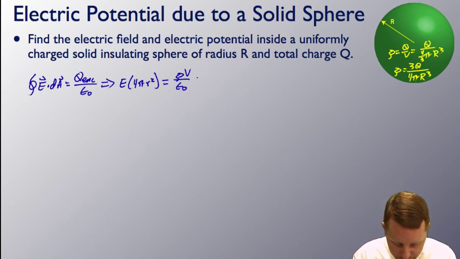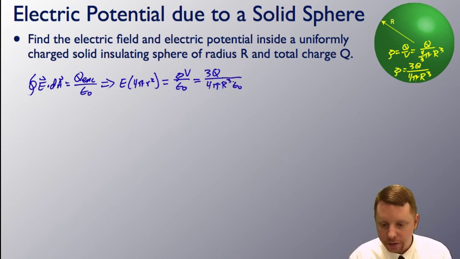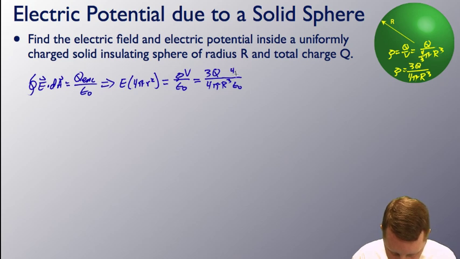When we do this, we found that rho is 3Q over 4 pi capital R cubed. We've got an epsilon naught in the denominator, and the volume of our Gaussian sphere must be 4/3 pi r cubed, so we've got a 3 down here as well. With some simplifications, we can get rid of our pi's. We've got some 4's, we've got some 3's.